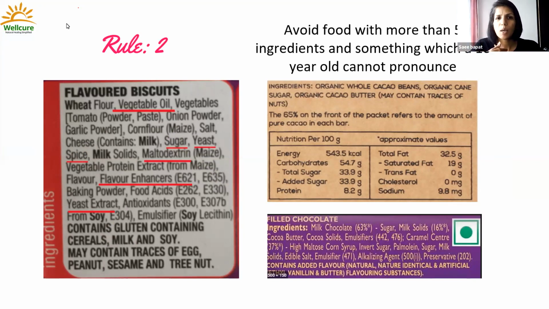We don't need all these chemicals. These are not actually real foods, but food-like substances. So we have to teach our children how to read the ingredient list and then how to go on filtering them out. We cannot choose something which has so many ingredients and which is full of chemicals. Next.